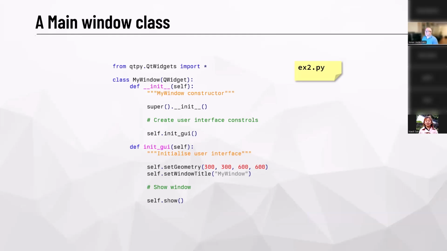What you should do when you implement your own user interface is that you specialize, you create your own window class that defines your own behavior.